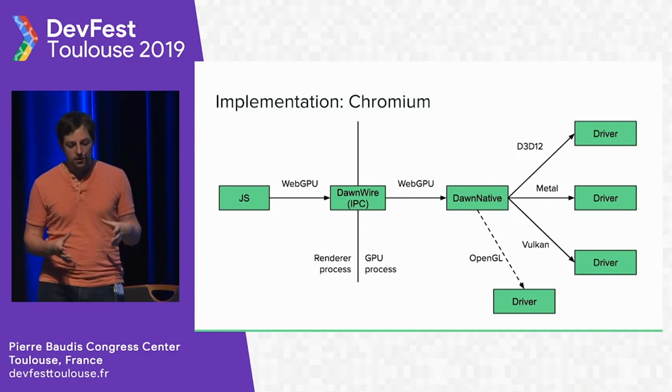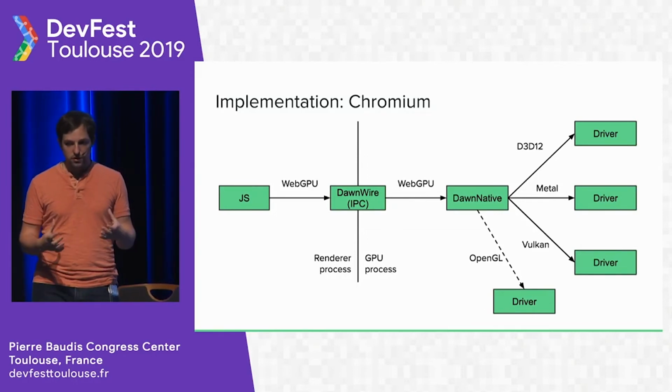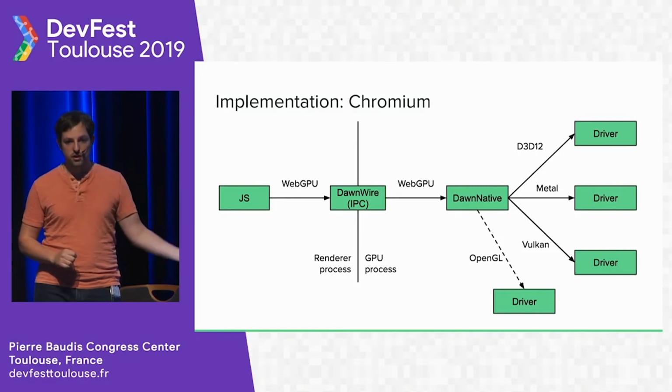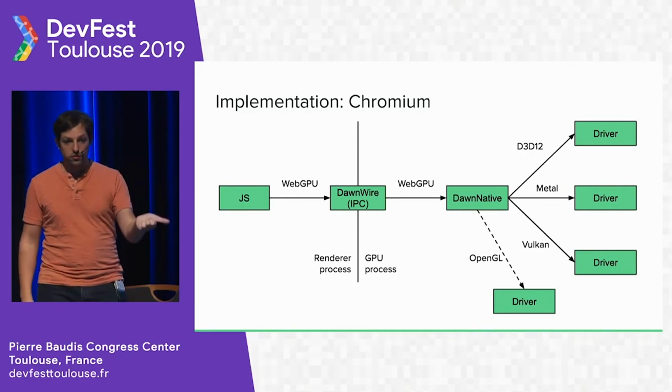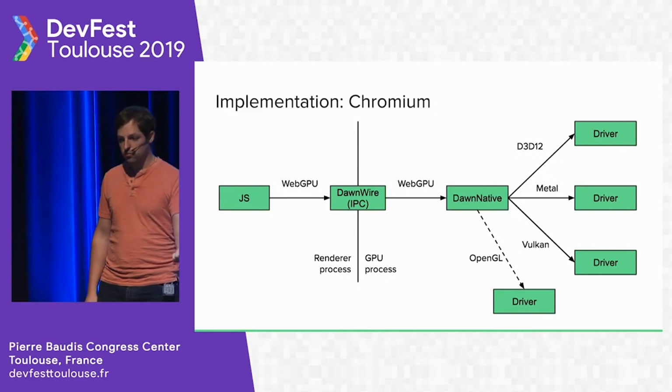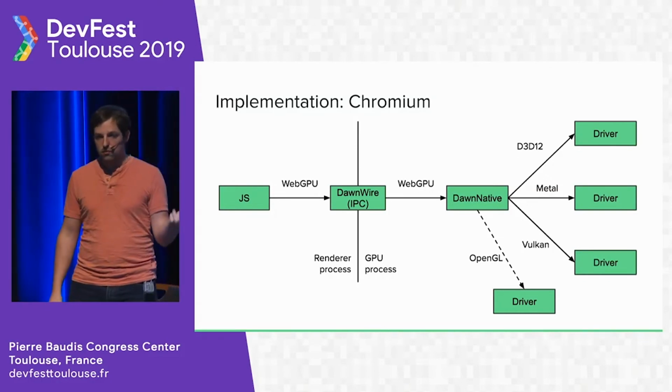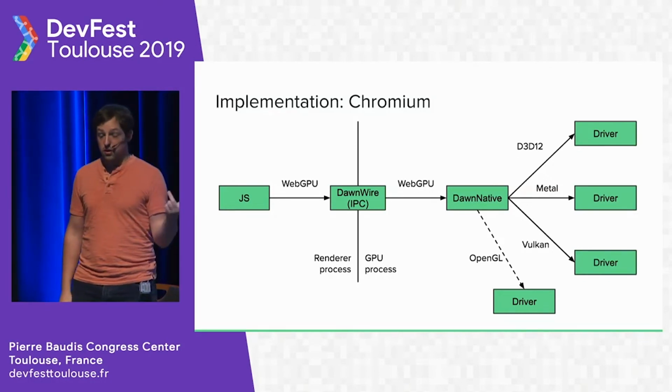And this thing is the library that implements WebGPU on top of many different GPU APIs depending on the system. So it supports D3D12 for Windows 10, it supports Metal for all the Apple platforms, Vulkan for Linux, Android, Chrome OS. There's also some experimental OpenGL support.